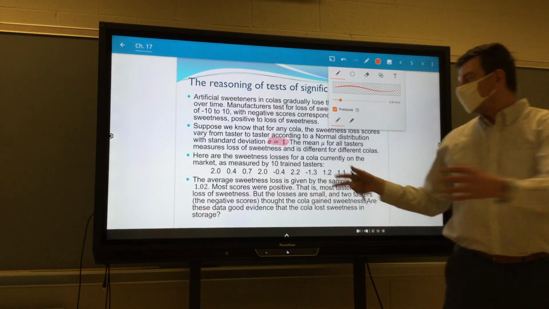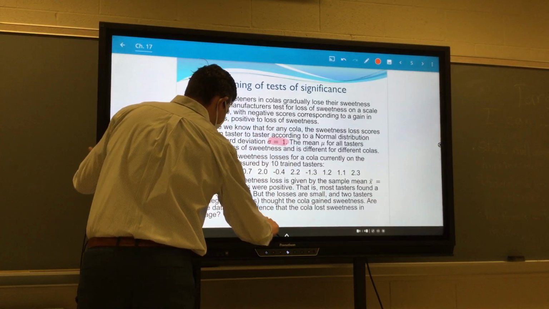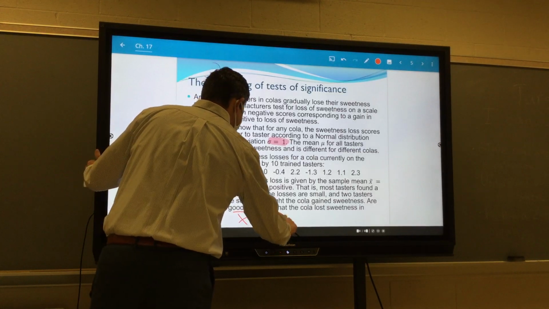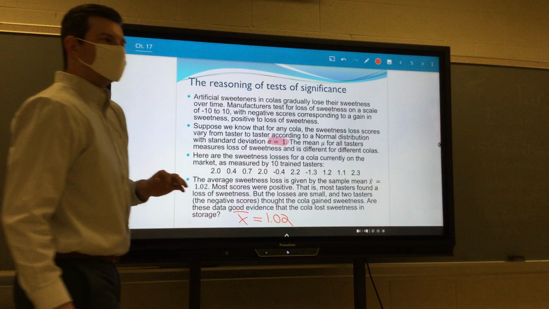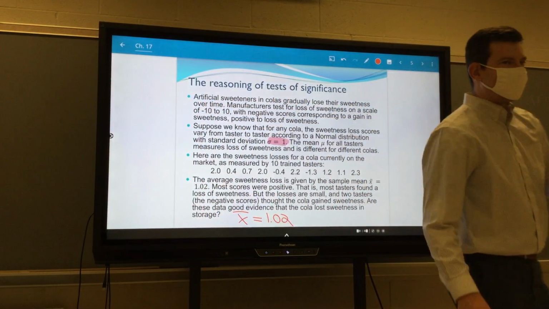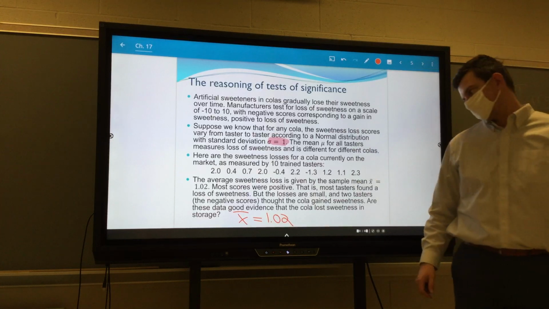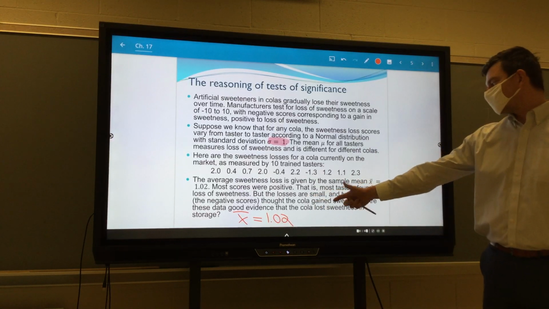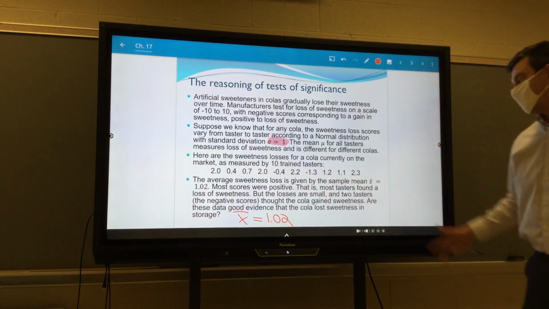But you average all of these together, and that sample's mean is about 1.02. Okay, so on average, they detect an average sweetness loss with a score of 1.02. Now, the losses are small. And we did say that 2 of these people detected a gain of sweetness.